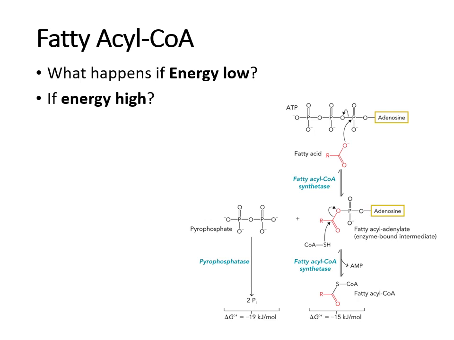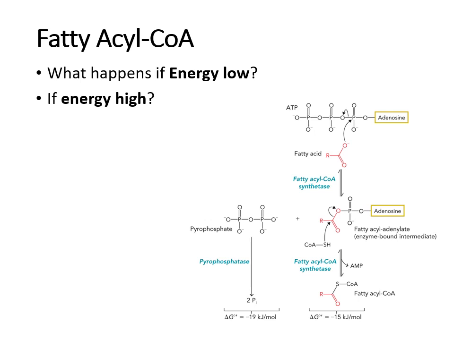Now, sometimes the opposite is true. Sometimes you have lots of energy available. So if energy is high, you don't want to break down the fatty acids, right? Instead, you're going to want to do the opposite. You're going to want to build fatty acids, because if you have energy, energy allows you to build things.